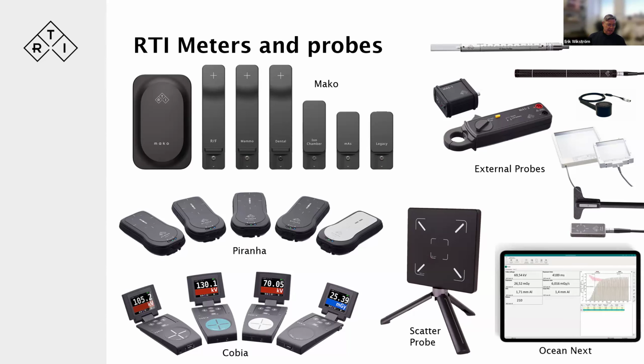Those are then completed with a software package called Ocean Next, which is not only a display, but also an efficiency tool to help users improve their workflow when it comes to X-ray QA and measurements.